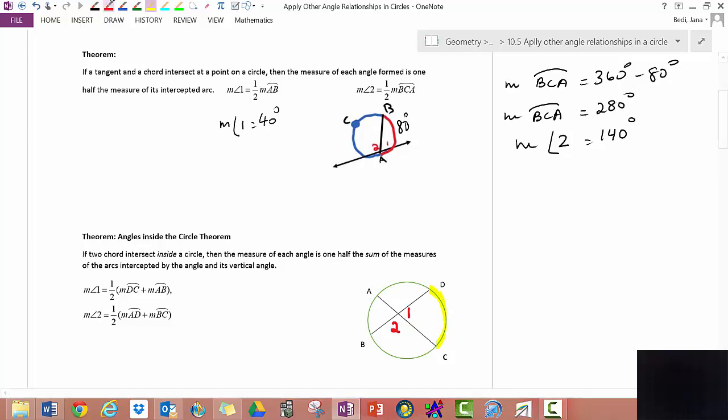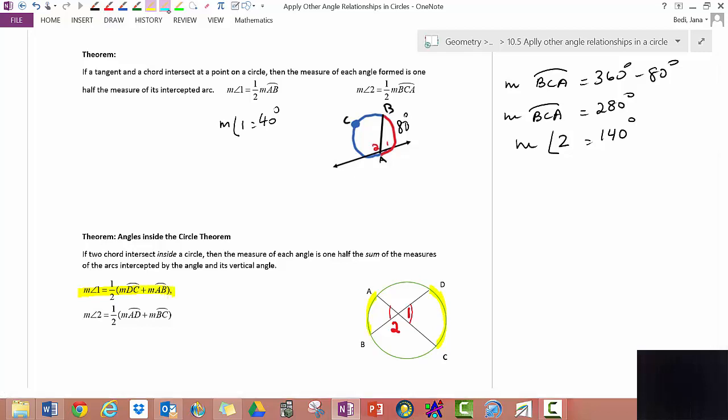The angle that is vertical to angle 1 is the one I've just marked. So these two vertical angles are congruent. So the intercepted arcs for angle 1 and the angle vertical to it, if you add them together and divide by 2, that gives you the measure of angle 1.